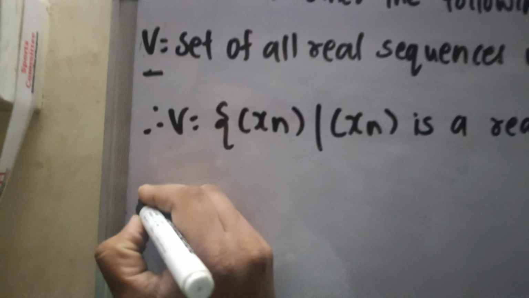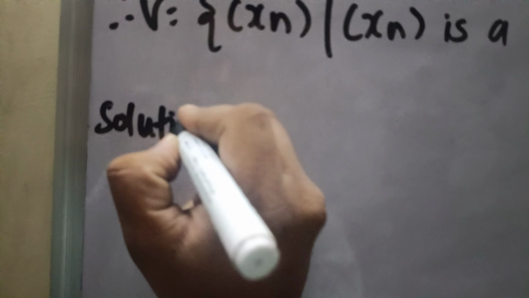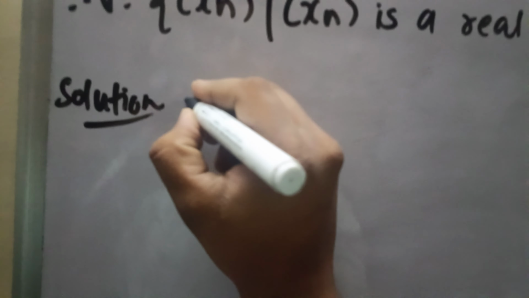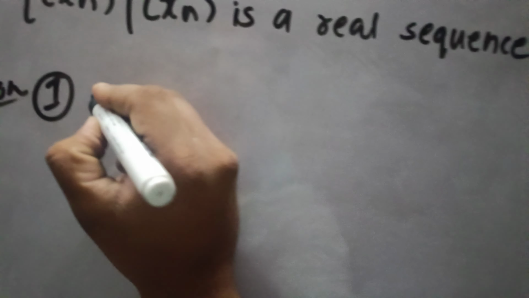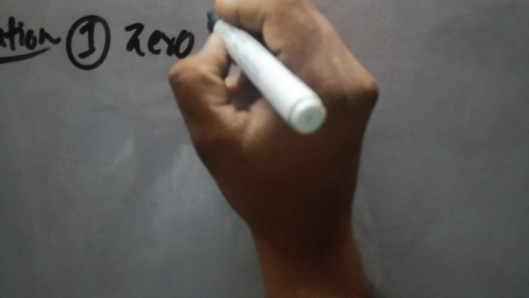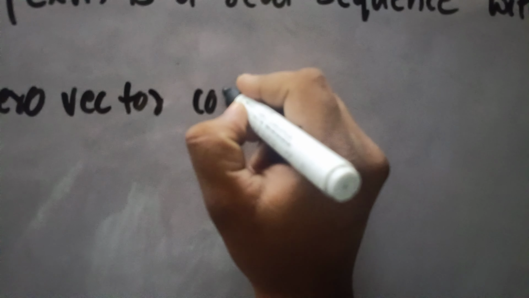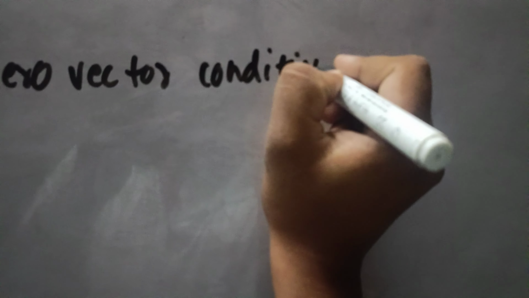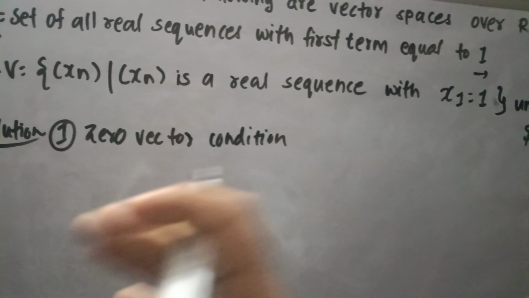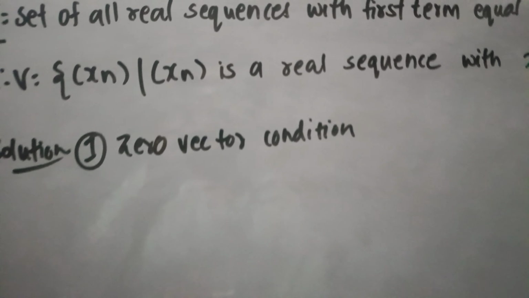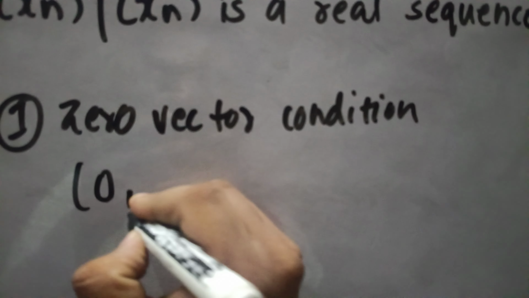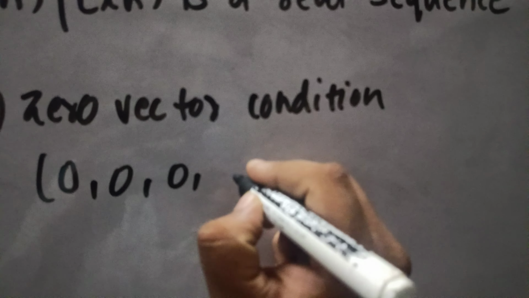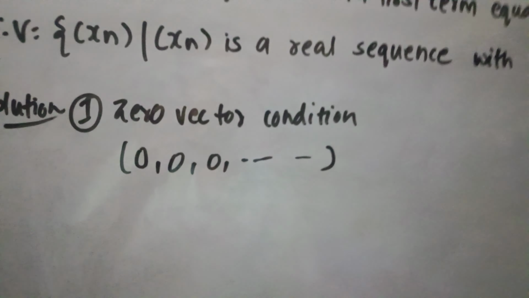Okay, let's solve this. First of all, let us check the zero vector condition. In terms of sequences, the zero vector looks like this: 0, 0, 0 and so on.